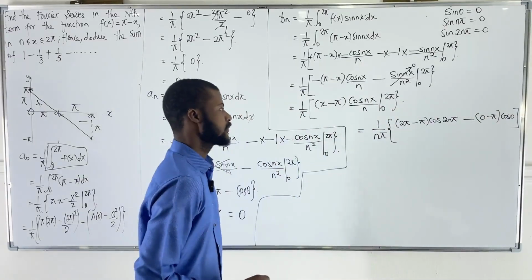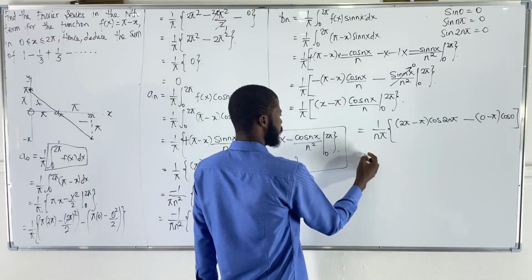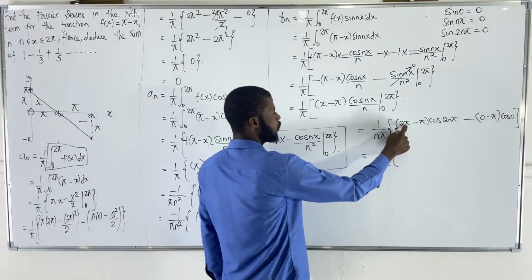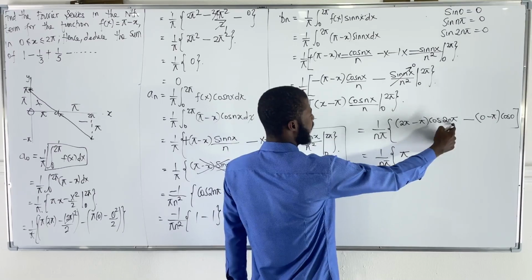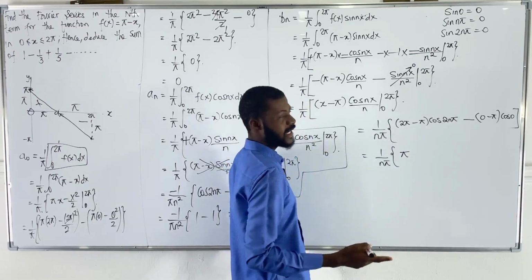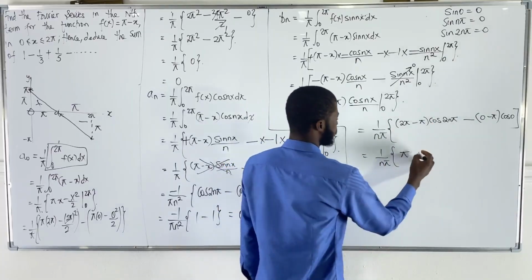That's all we have. Okay, let us see. So this will then become 1 over n pi, 2 pi minus pi, that's pi. So this is pi, cos 2n pi here will give me 1, right? And 1 times pi is pi, so just leave this pi like this.